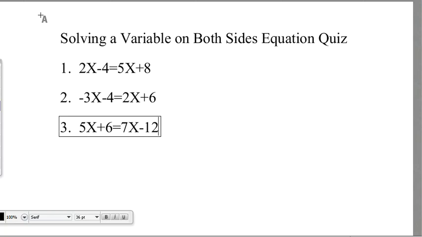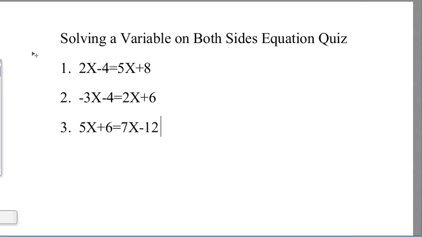Okay, you guys, so here is your quiz. Solving a variable on both sides equation quiz. But today, I want to do something a little bit different. Before you take this quiz, we have set up a breakout room number 2.